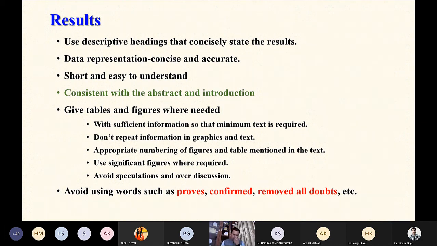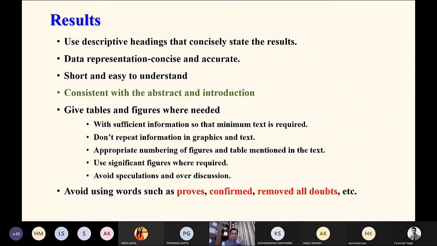So normally I would suggest to all my dear friends, we have to avoid using words like proved, confirmed, removed all doubts. Okay, can anyone put some light on why we have to avoid all these words in the paper, more specifically when we talk about the result and finding section?